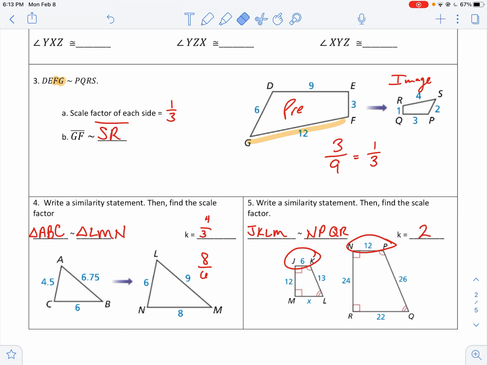So to go from JKLM to NPQR, I would have to multiply everything by 2. And that makes sense. Everything's getting twice as big. So that's how you would find your scale factor and write a similarity statement given two similar figures.